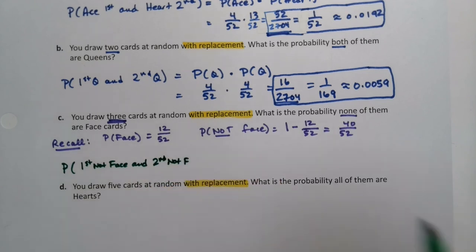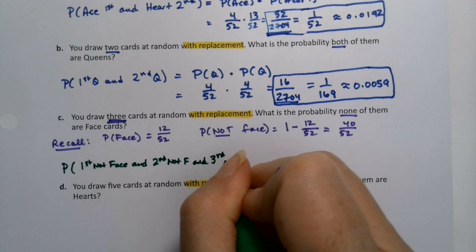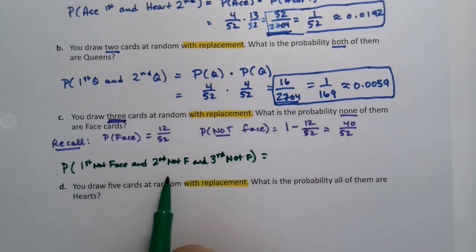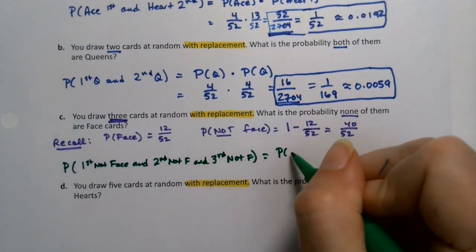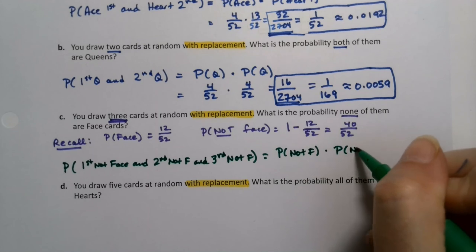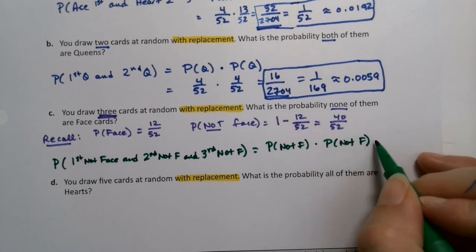I'm just going to put F there. And the third one to not be a face. So you want the probability of not face times the probability of not face 3 times. And if you're thinking, well, I could square or cube that, yes, you could.